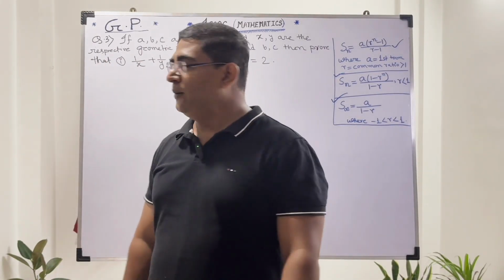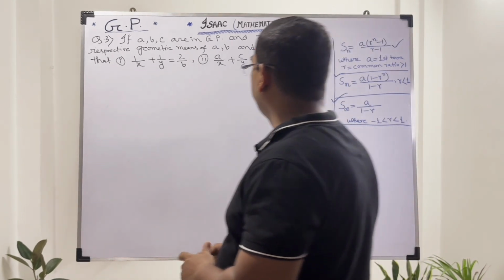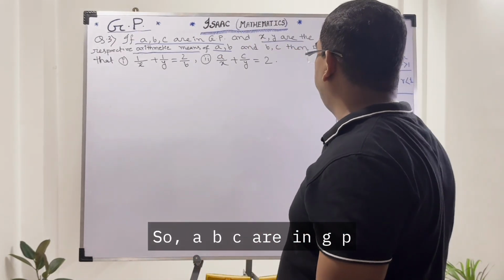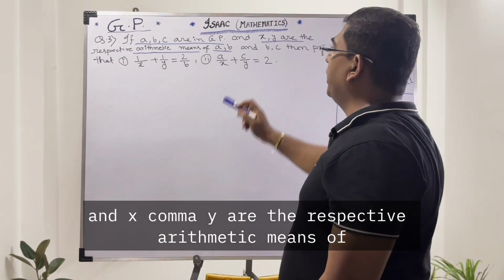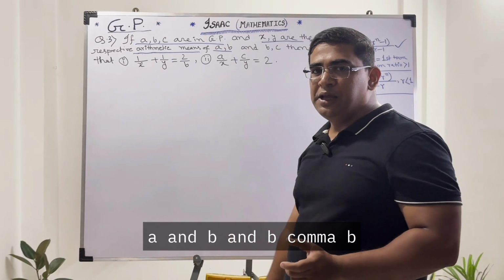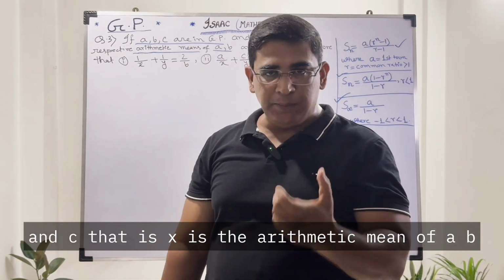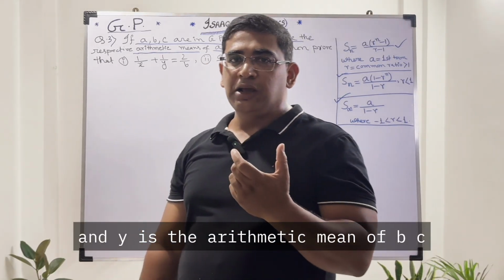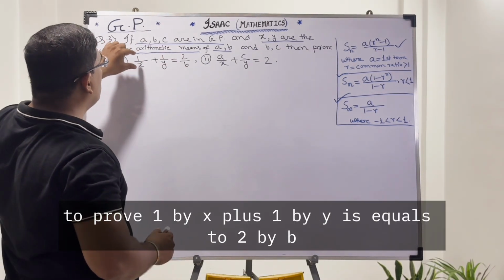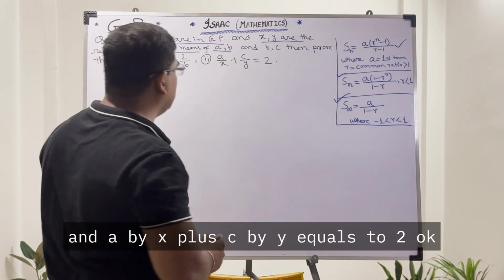In problem number 3, it is given that A, B, C are in GP, and X, Y are the respective arithmetic means of A and B and B and C. That is, X is the arithmetic mean of A and B and Y is the arithmetic mean of B and C. With the help of these conditions, we have to prove 1 by x plus 1 by y is equal to 2 by b and a by x plus c by y equals 2.